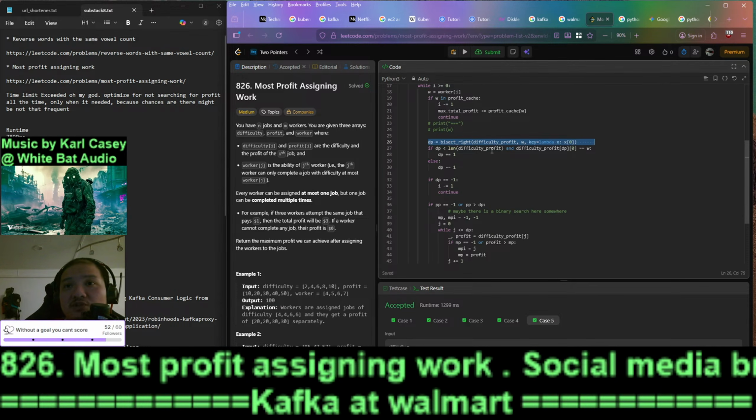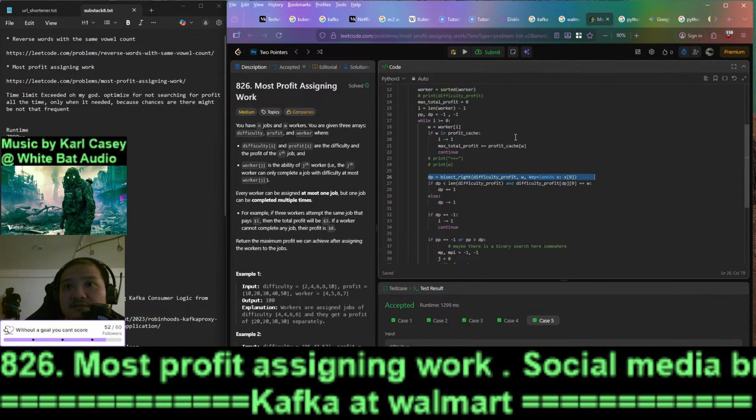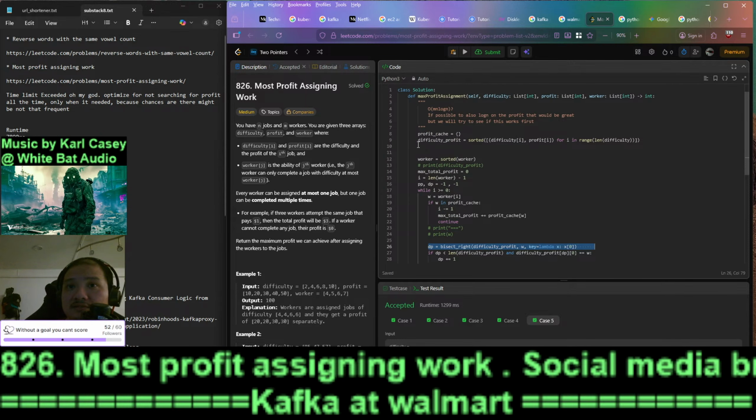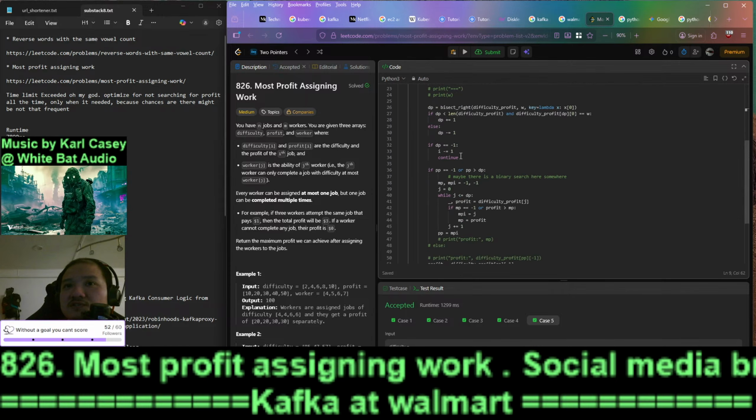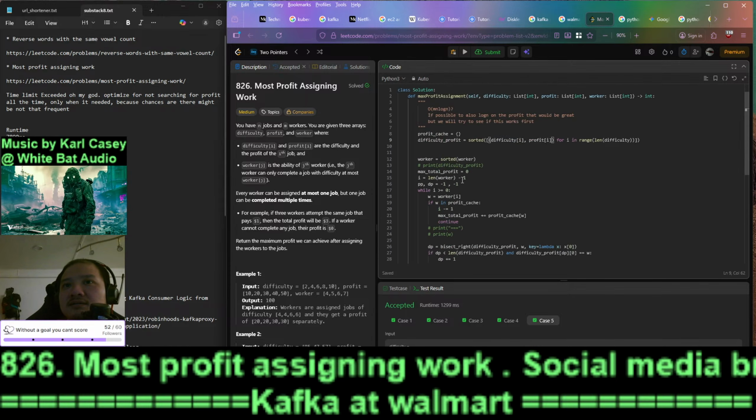If somehow we know the max profit, then it's good, right? That means we can loop through this thing, and then we push the max here, right? I think. Right? So then we don't have to do this DP and PP here, right?